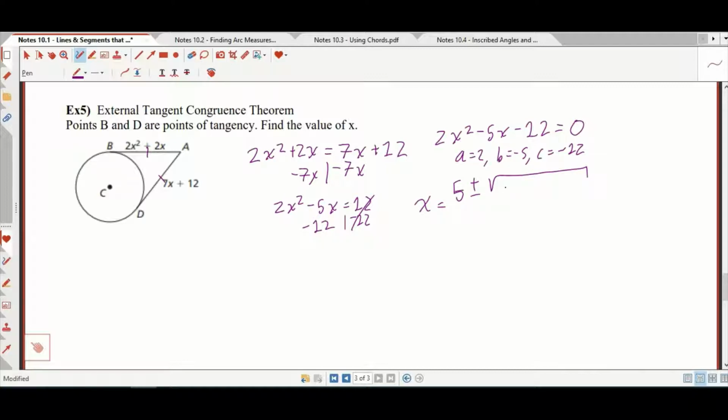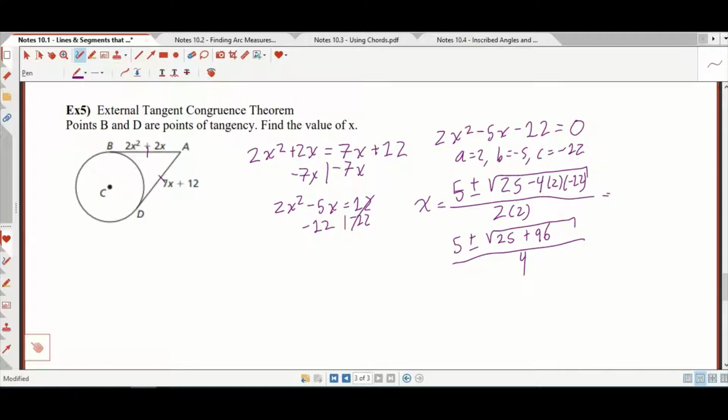Do you mind if I do negative 5 times negative 5, which is 25? Minus 4 times A, which is 2, times C, which is negative 12, all over 2A, which is 2. Now this simplifies to 5 plus or minus the square root of 25. 4 times 2 times negative 12 is 96, but since it's subtracting a negative, that's addition, all over 4.